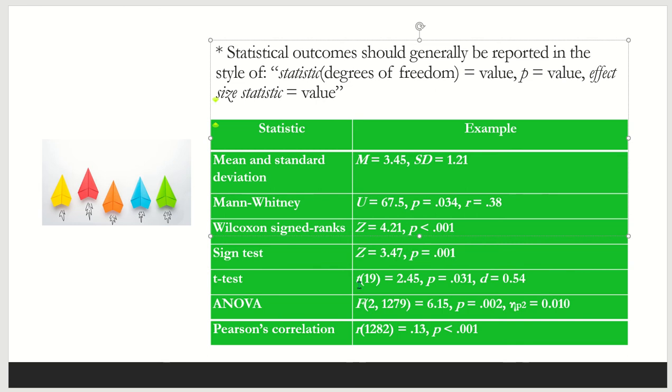For example, if I'm using a t statistic, you would write the t italicized and then write the degrees of freedom, what the value is, then the p value, and then followed by the effect size. Also notice that the p and effect size statistic are also italicized.